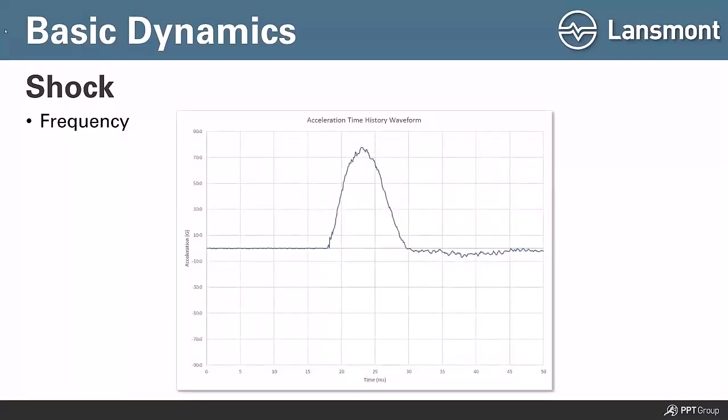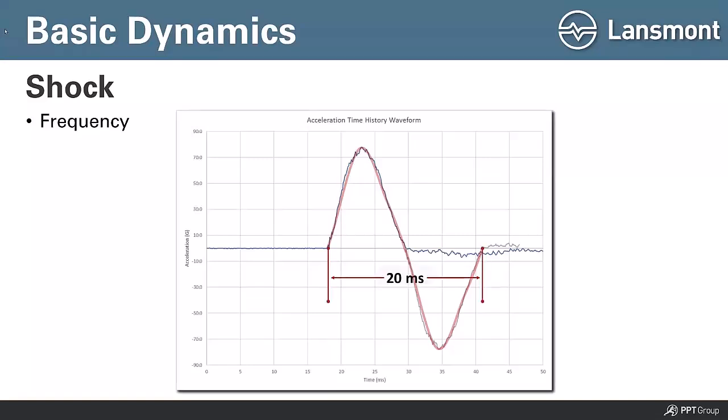And then lastly, real quick, the frequency. This is another example of a half-sine shock pulse. I know from looking at it what the duration of that shock pulse is. If I imagine that shock pulse, not as a half sine, but as a full period sine wave, I would say that shock pulse has a period, T, of 20 milliseconds.